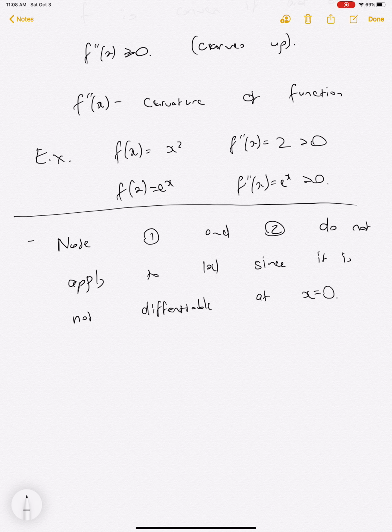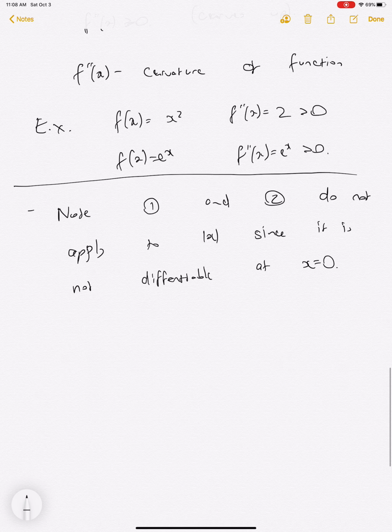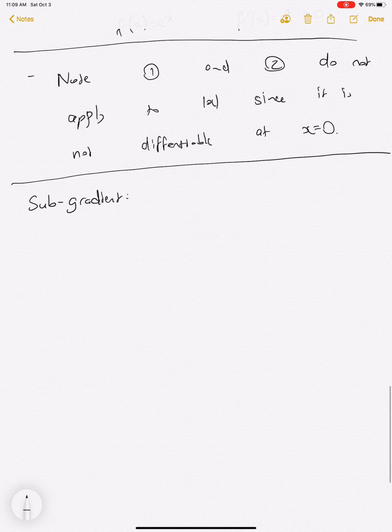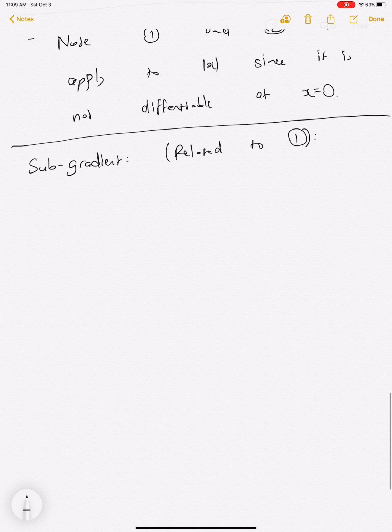at x equals 0. So this is why we introduced the notion in the previous lecture of the subgradient, which I didn't strictly define, and which I'm going to define here. So the subgradient definition is related to the first characterization of convex functions.